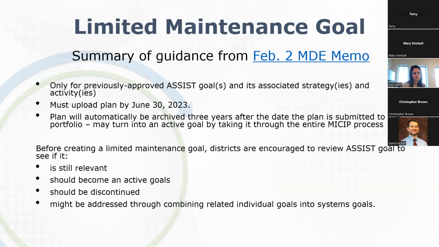And as you know, that process is assessing needs, creating plans, and then implementation. Maybe it should be just discontinued. Maybe the plan is not relevant, or maybe, looking at the examples of parapros or coaches, we can put that in an existing goal already. So there are things to think about when creating a limited maintenance goal.